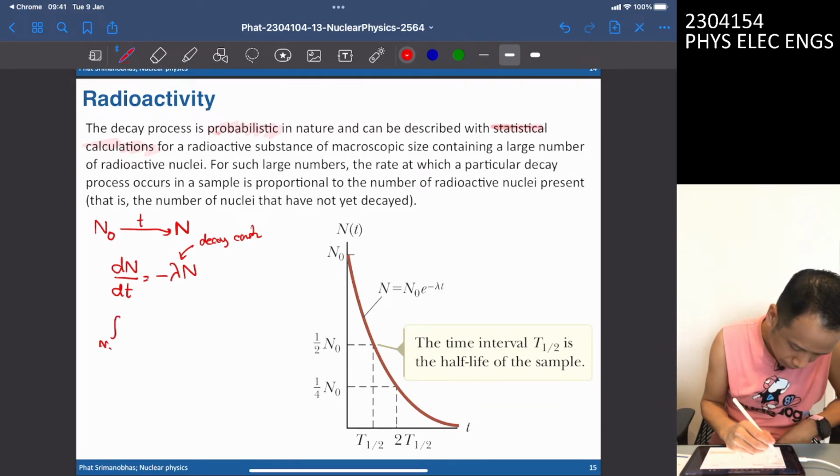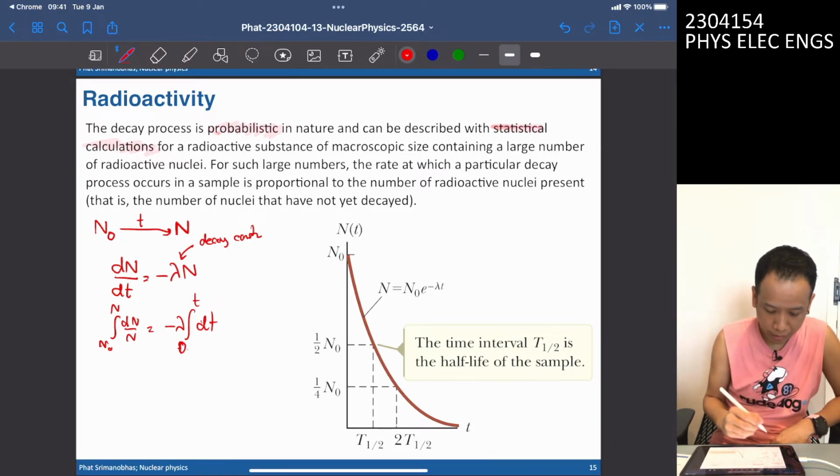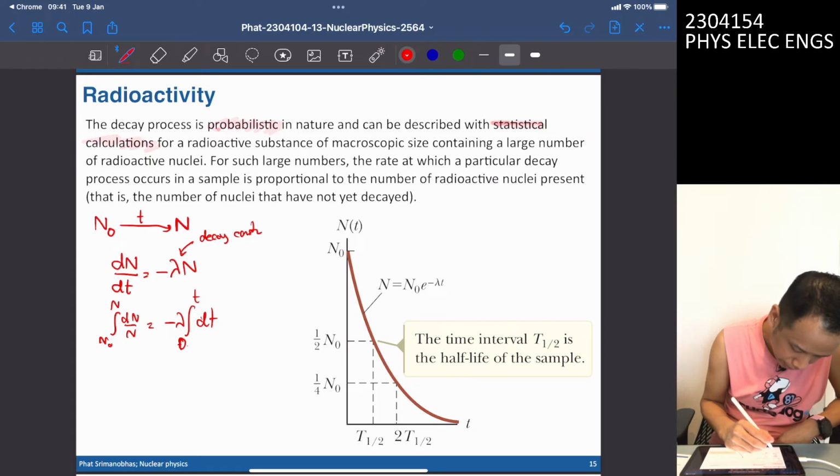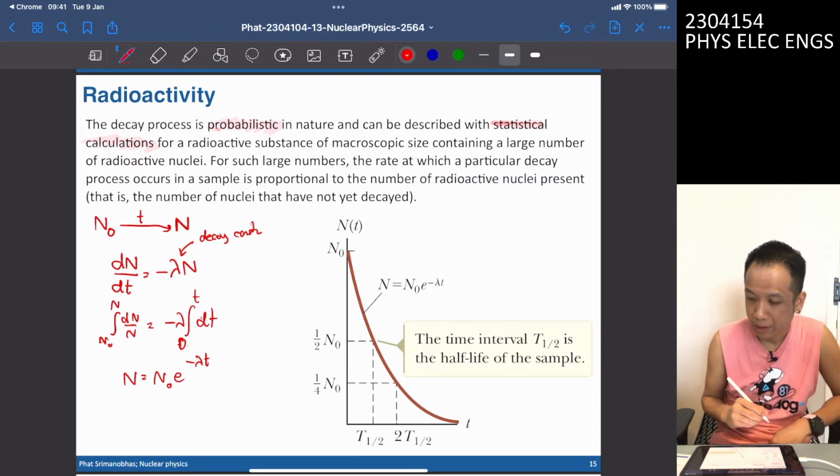Then you integrate from N0 to N of dN over N, equal to minus lambda integrated from 0 to t of dt. The integral of dN over N is basically the natural log, and this is minus lambda t. So finally you get N equal to N0 e to the power of minus lambda t.